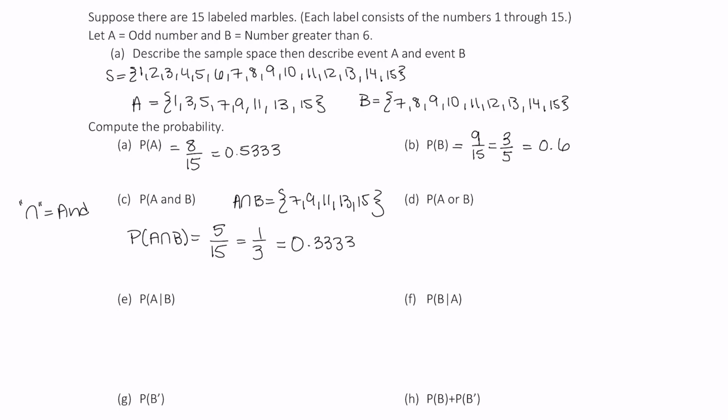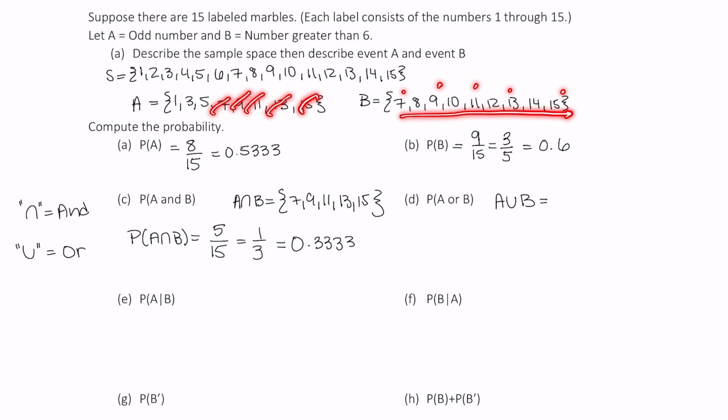Next, let's look at the probability of A or B. So again, I'm going to begin by looking at what is contained in the set A or B, and I'm using another math symbol here. I'm using this cup to represent the word or. So it looks like we can use all the numbers from event B, and we don't want to double count numbers. So I'm not going to take this 15, it's already taken into account, or this 13, this 11, this 9, and this 7.